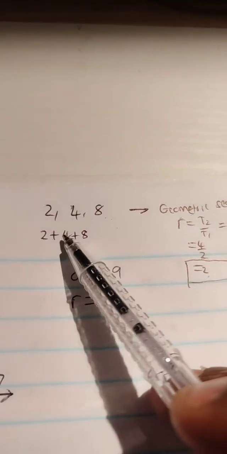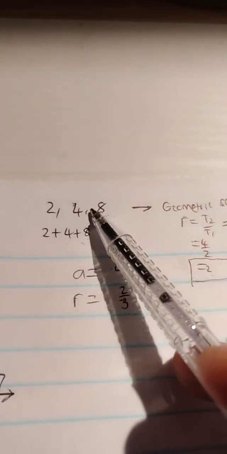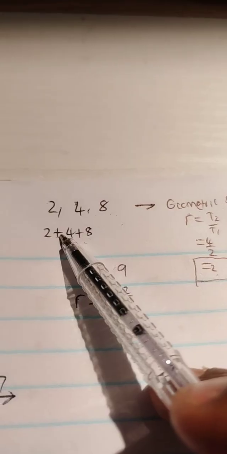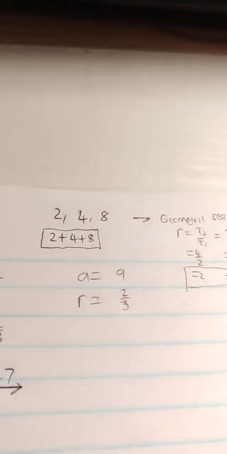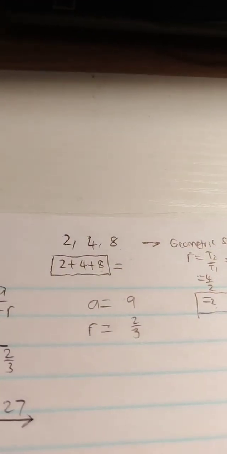This is still the geometric sequence, but it's no longer a sequence, but now it is a what? It is a series. Why is it a series? Because we are talking about the summation, the addition of those geometric sequence terms. All right, and therefore I can say 2 plus 4 plus 8. The beautiful thing about a series is that we're talking about the summation of the terms.